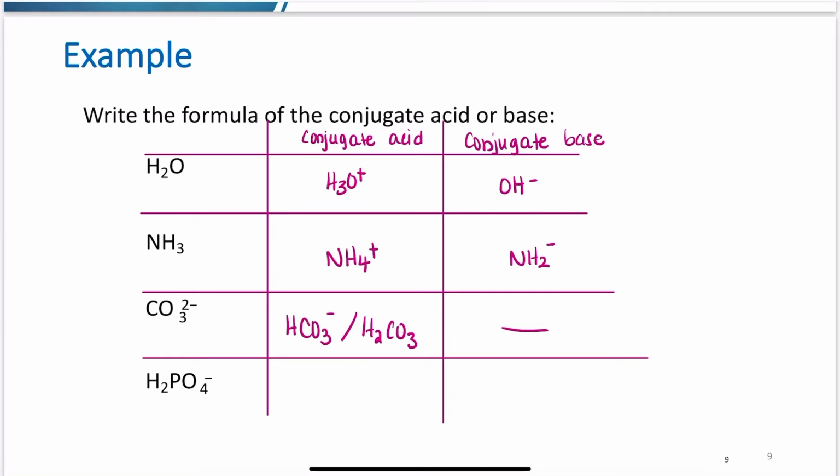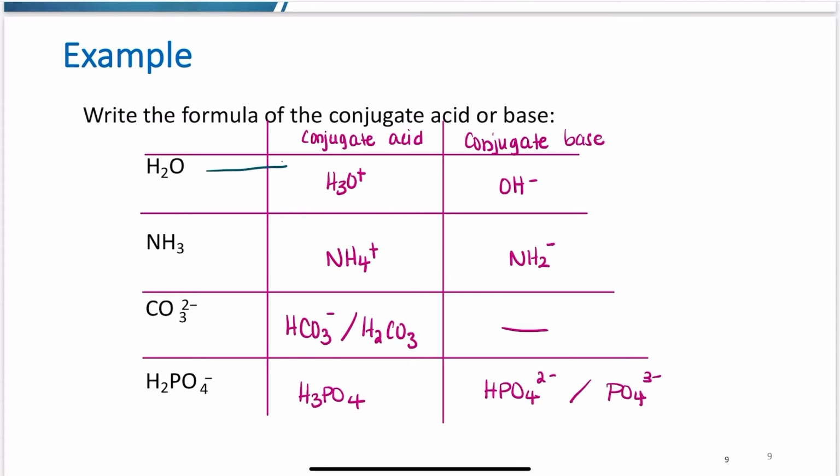H2PO4-, if it's acting as a base, is accepting a proton, forming a conjugate acid, H3PO4. If it's acting as an acid to form a conjugate base, it's going to lose a proton. So it can form HPO4 2-, and it could go one step further and form PO4 3-.